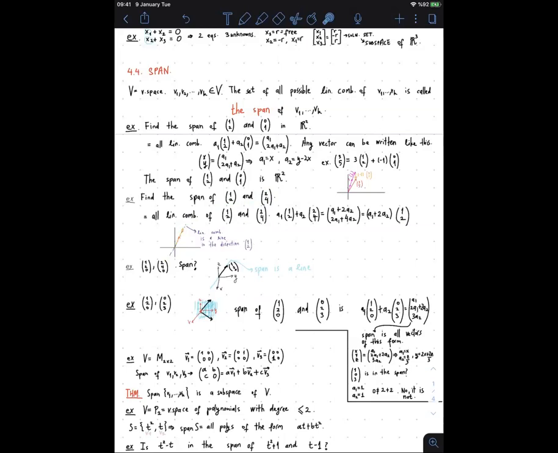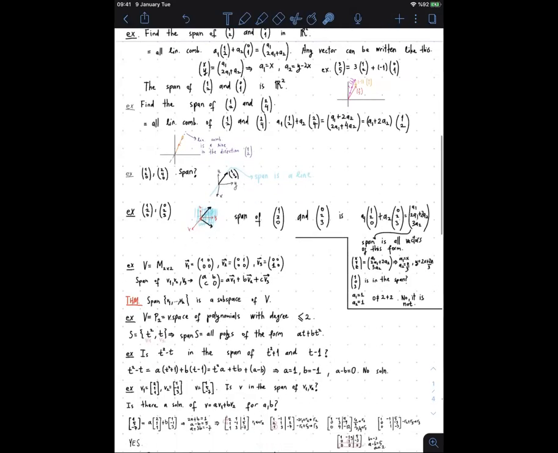If I take two vectors in R3, then what is their span? These two vectors again lie on a line in R3, but these two vectors do not lie on a line, and their span is a plane in R3, a plane which passes through the origin.